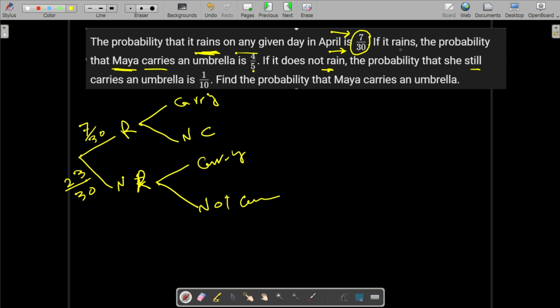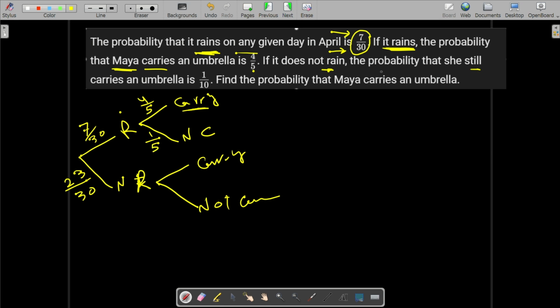When is that? If it rains. Since it's written if it rains, I will focus on this branch only, not the one below. If it rains, the probability of carrying an umbrella is 4 over 5, so I will come to carry umbrella and write here 4 over 5. And this is telling us what can we write here? 1 minus 4 over 5, which is 1 over 5.